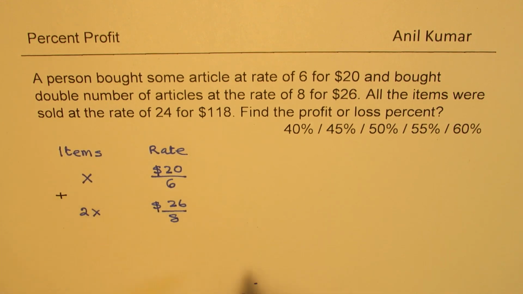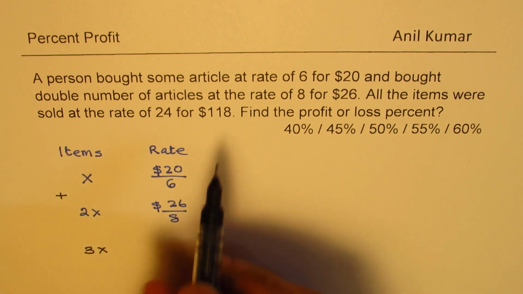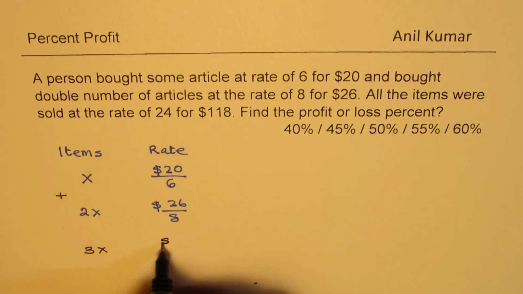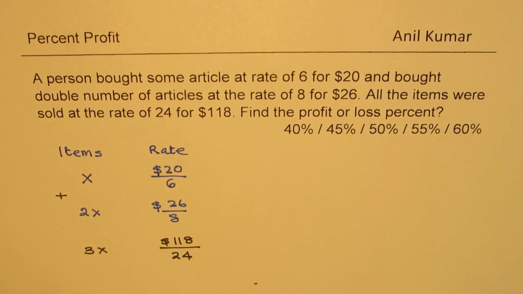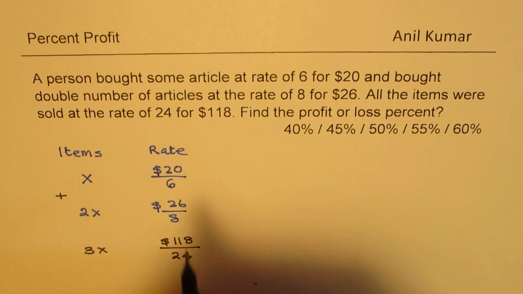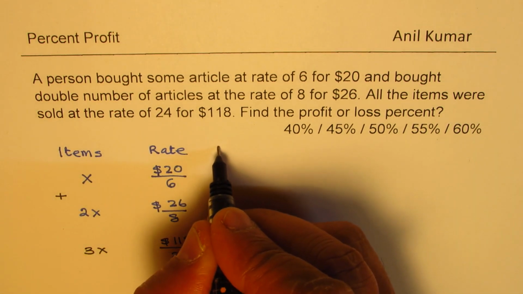So 3x were the total number of items sold at the rate of $118 for 24 pieces. So 24 pieces were sold for $118. That is what we're trying to say. So once we know the rate and the quantity, we know the amount.